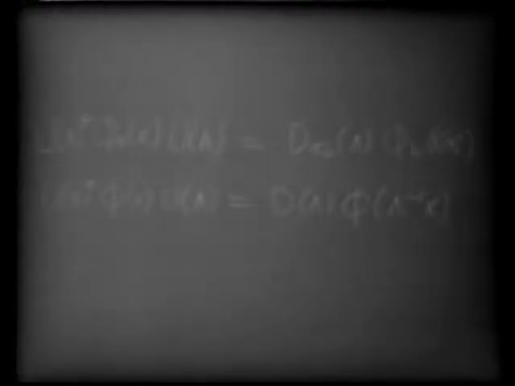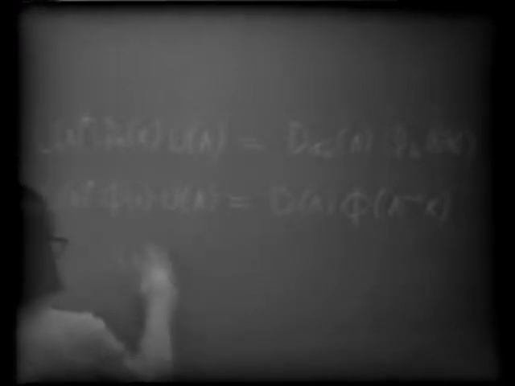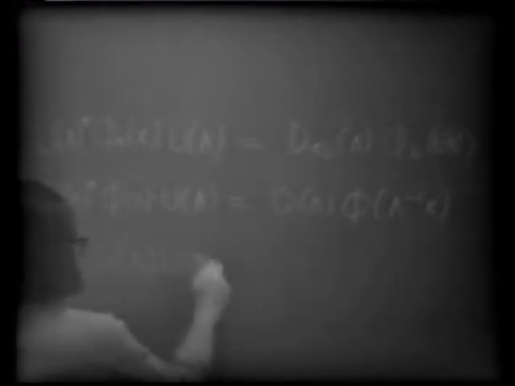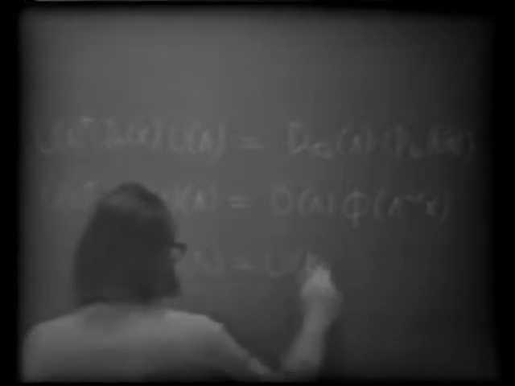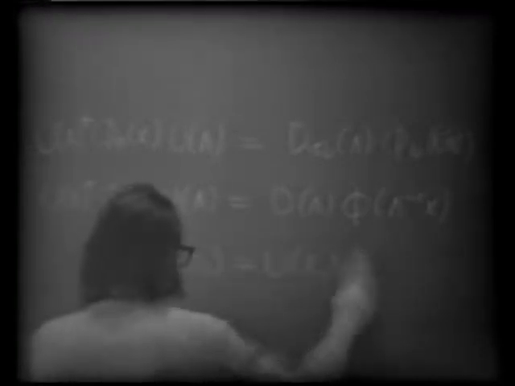We have a constraint on U. If I have two Lorentz transformations, U of lambda 1 and lambda 2, then, as I said in a very early lecture, U of the product should be the product of the U's for the individual ones. Actually, this isn't quite right.